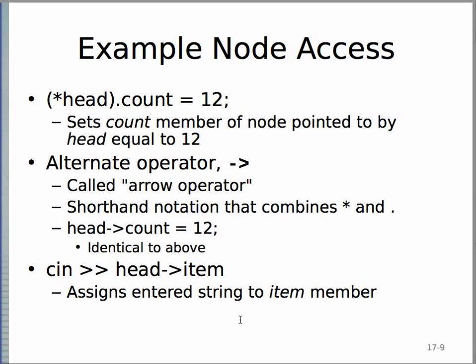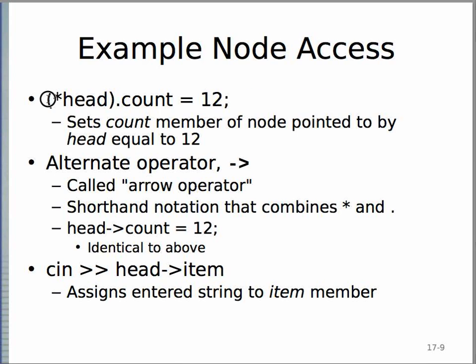How do you access the data members of a node? Here's the hard way: you say whatever pointer, let's say head, dereference it, and you need the parentheses. If you didn't have the parentheses, the dot operator would have higher precedence, so you would say head.count and then star of head.count, which doesn't make any sense because this is an int.